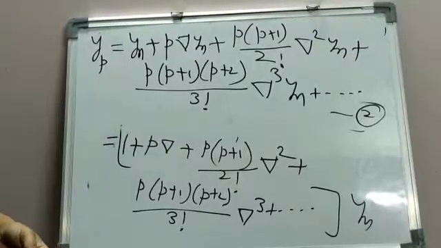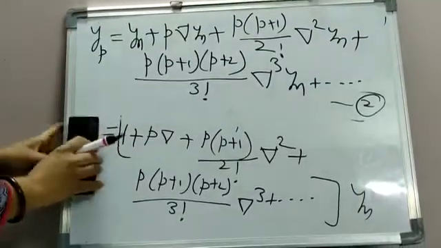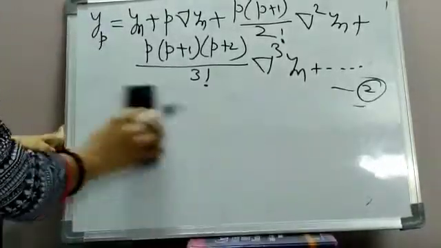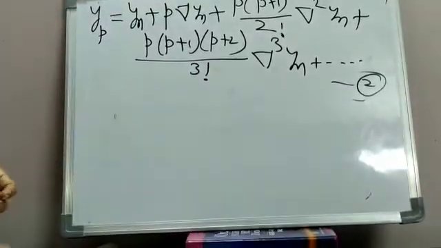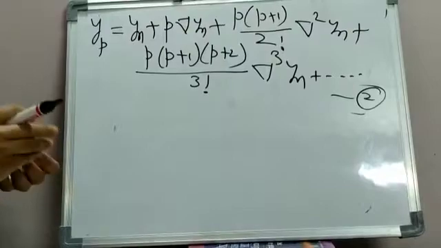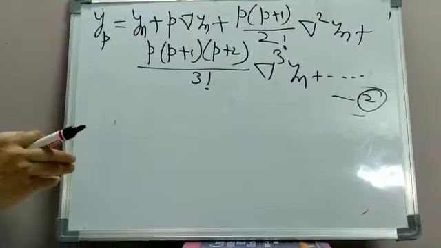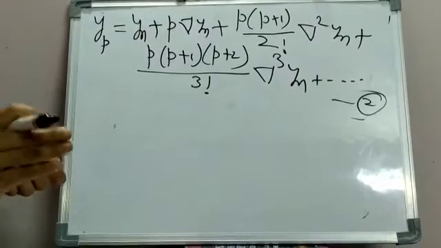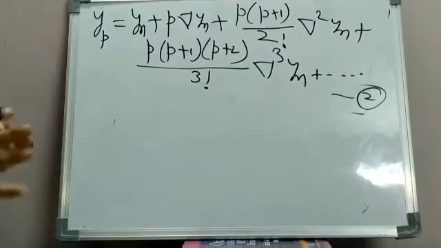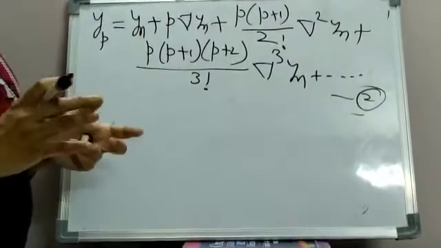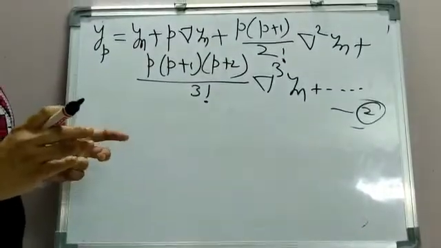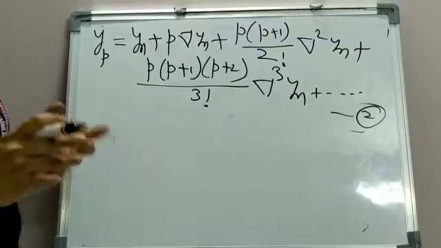And as suggested, this formula is used to evaluate the value of the function for a value of x which lies towards the end of the table for interpolation, and which lies to the right of yn for extrapolation. So these are the two cases. You have to decide the formula based on the value of the function being asked.